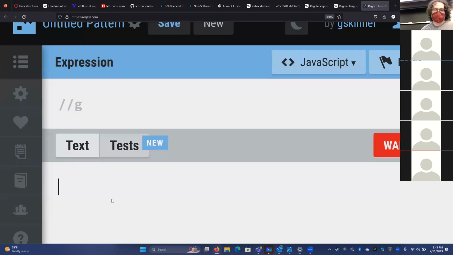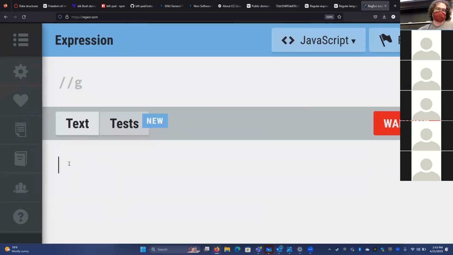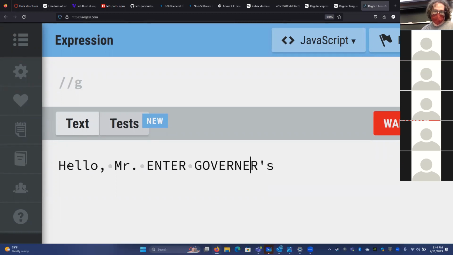Now, with regards to this, let's go back to regular expressions down here. Let's go ahead and write a few clauses here. This is where we put our example documents. So let's go with: Hello, Mr. Governors. Whatever, the person writing this is probably going to misspell it anyway.